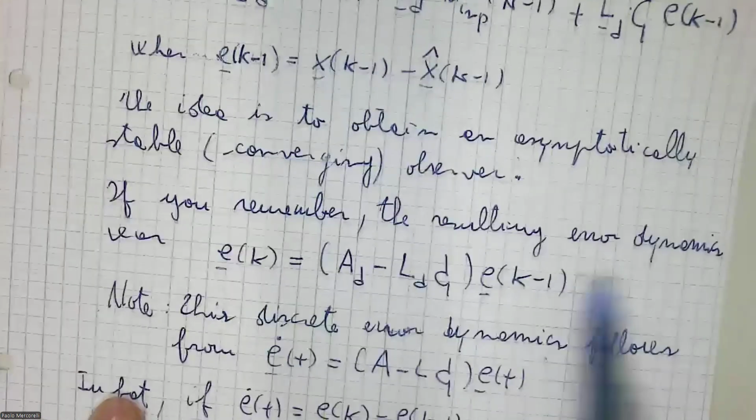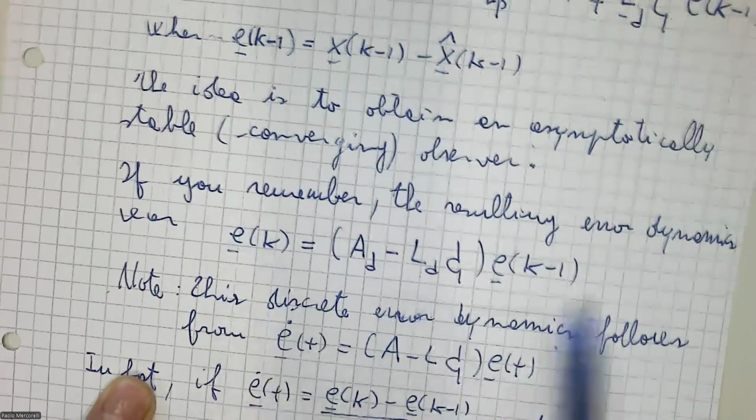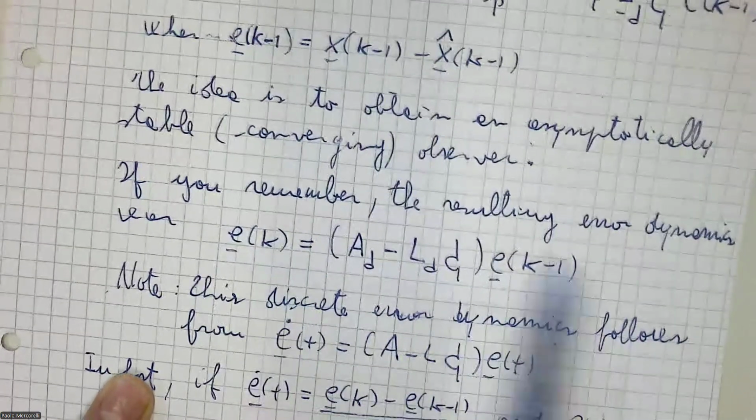If you remember, the resulting error dynamics consists of this structure here. I don't know if it is explained here, probably not. Not very well, but it is.